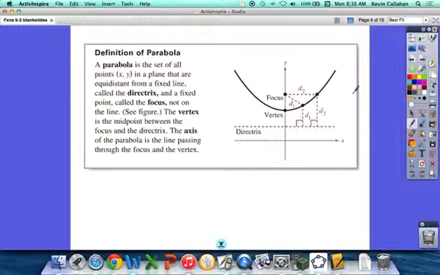Sometimes when they use these kinds of definitions, the set of all points kind of things, they'll use a word called locus. The locus means like the set of all. The locus of points. I'm kind of surprised it's not in their definition.